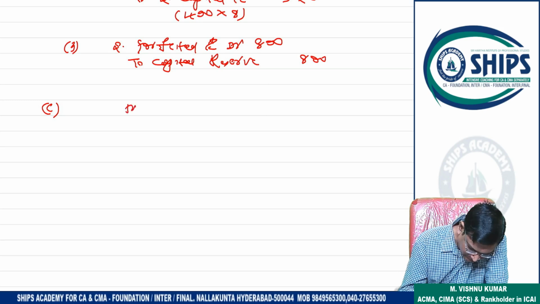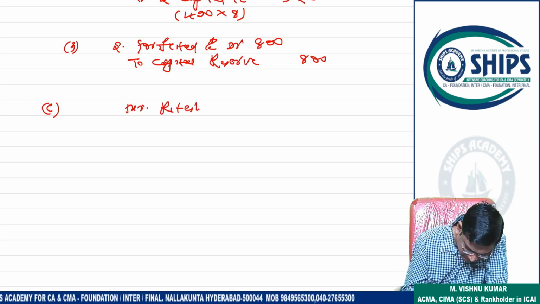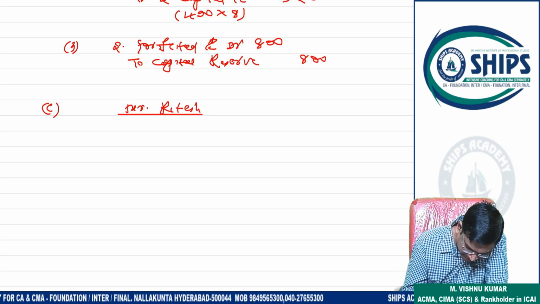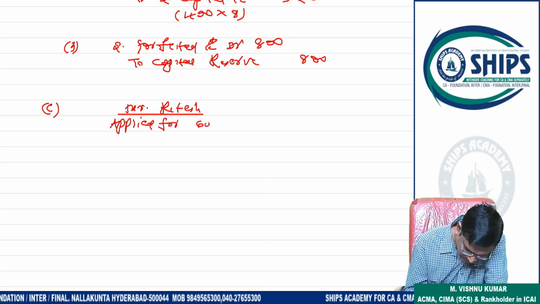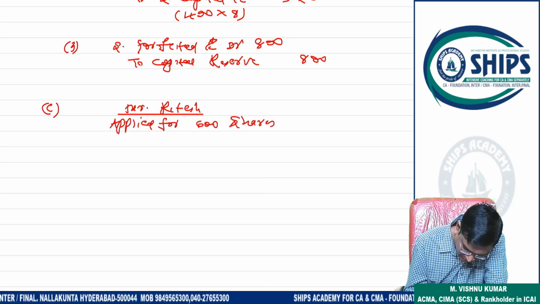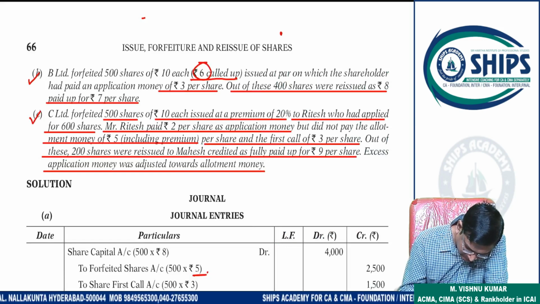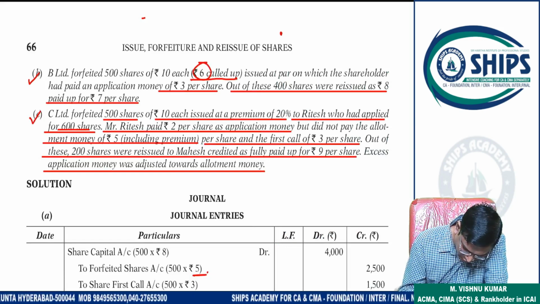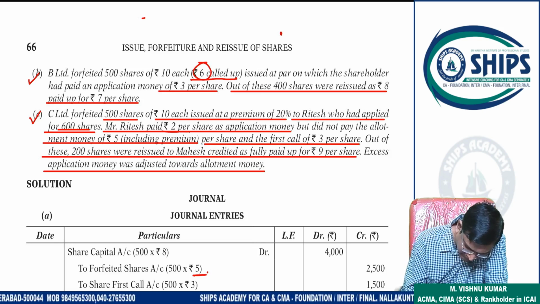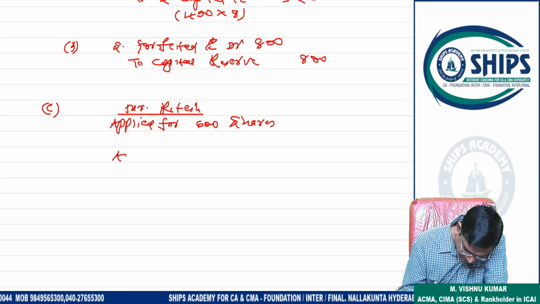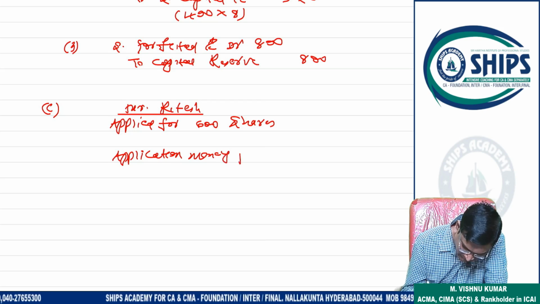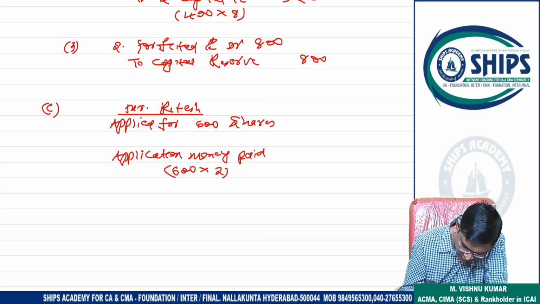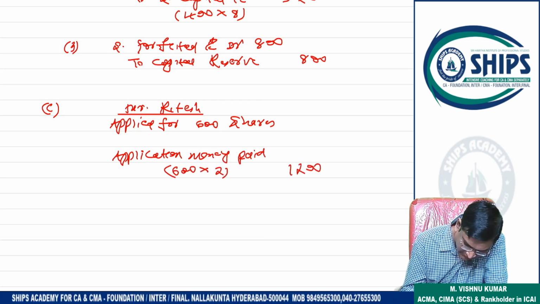So first, Mr. Ritesh, he applied for how many shares? 600 shares. See. So on 600 shares he paid 2 per share application. Okay. So application money paid: 600 into 2, 1200.